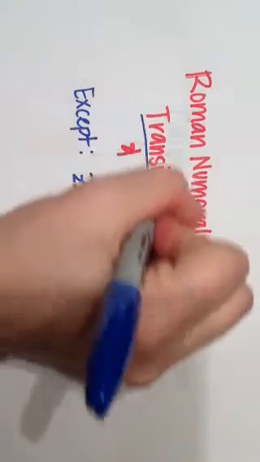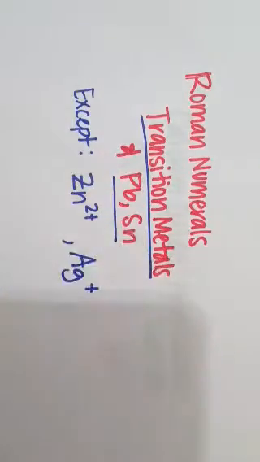But all transition metals and lead and tin require Roman numerals. So when you're looking at a formula, if you look on the periodic table and it's a transition metal, then you just want to think, I need a Roman numeral. If it is lead or if it is tin, then also you want to think, I'm going to need a Roman numeral.